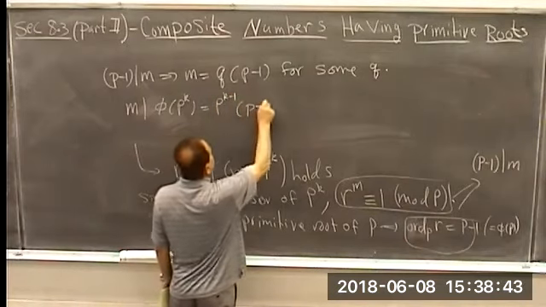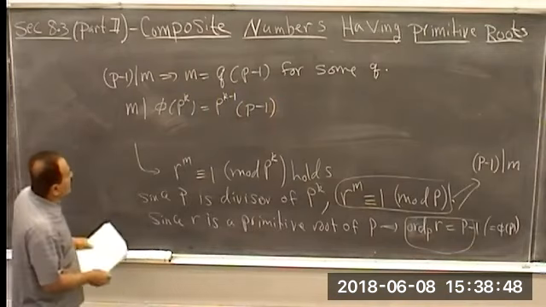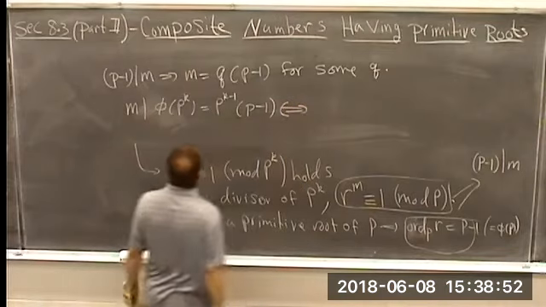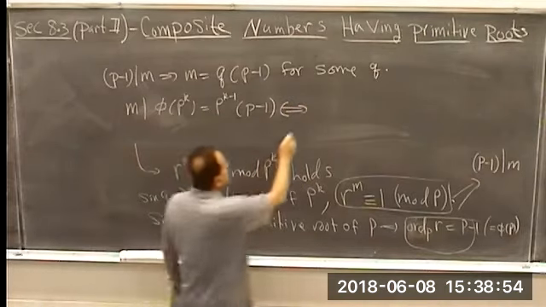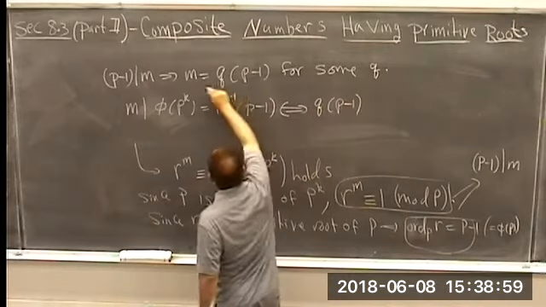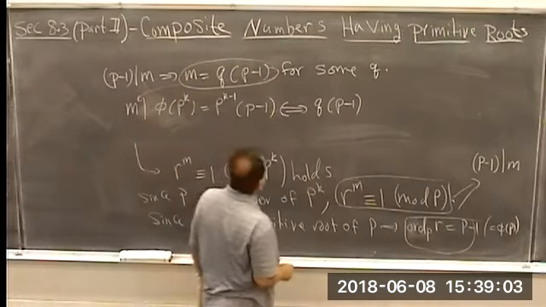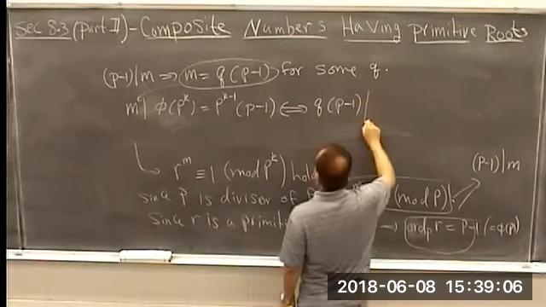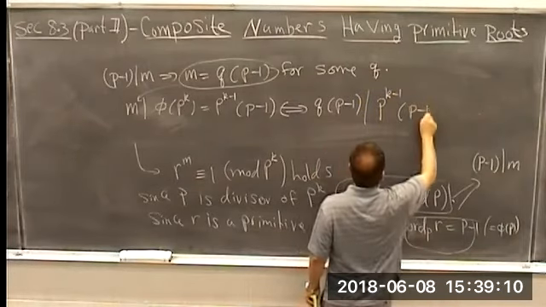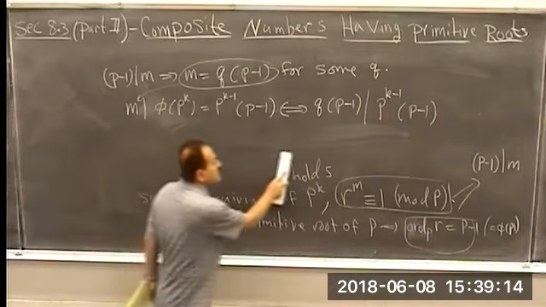In terms of M, this means I substitute q times p minus 1 for M, and q p minus 1 divides p to the power k minus 1 times p minus 1.